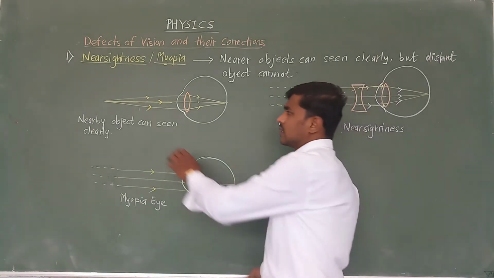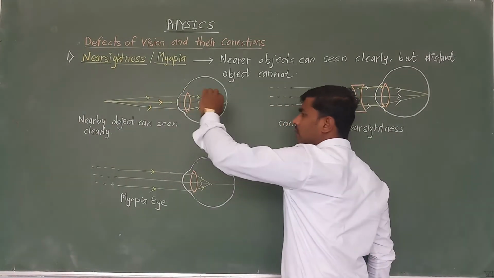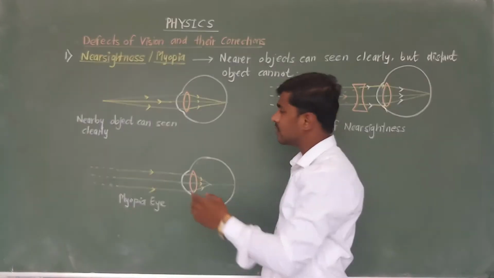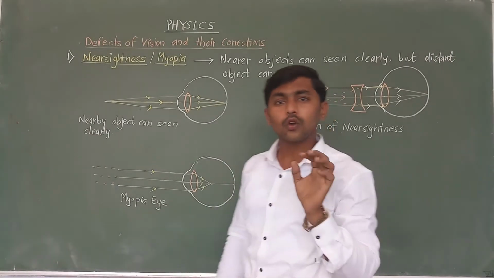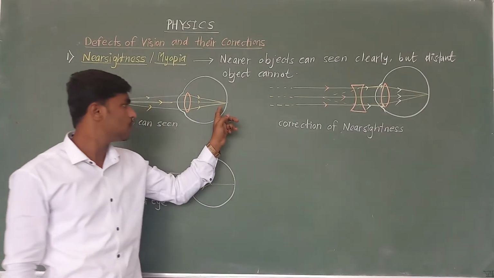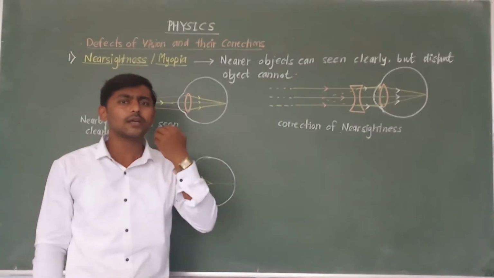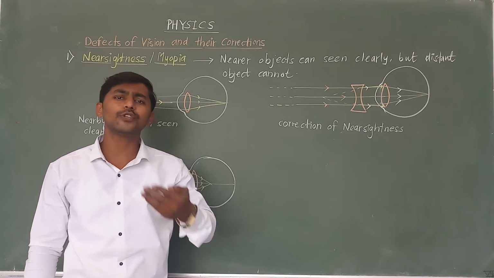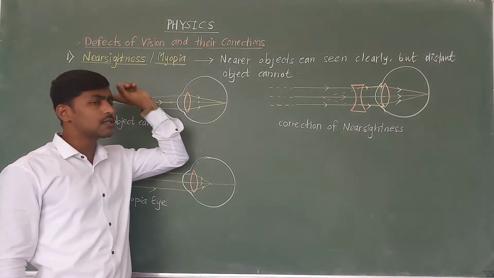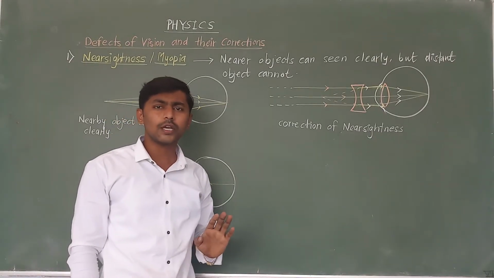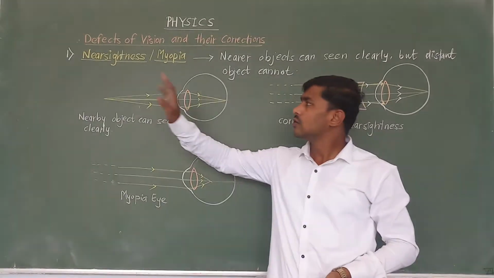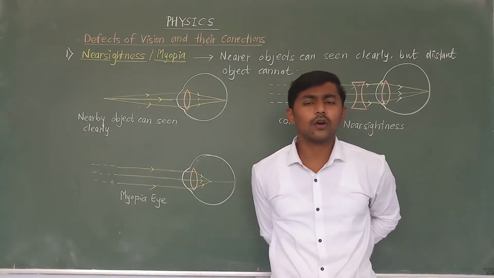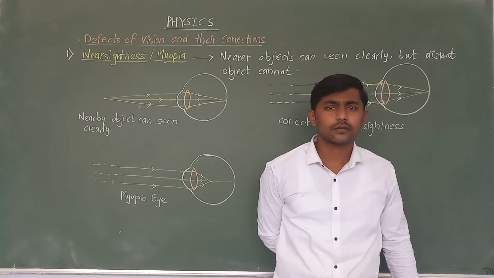How? Because whenever these rays from a nearer object are coming, we can see all these are converging at one point. So this point shows that we can see a nearer object clearly in this defect. Okay, so what will happen to the distant or far objects?